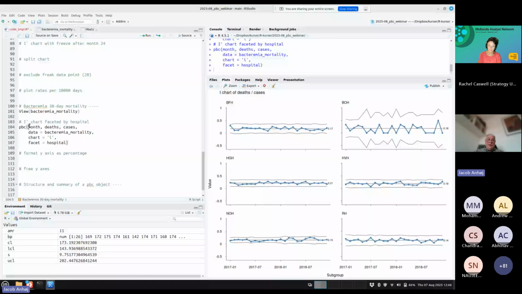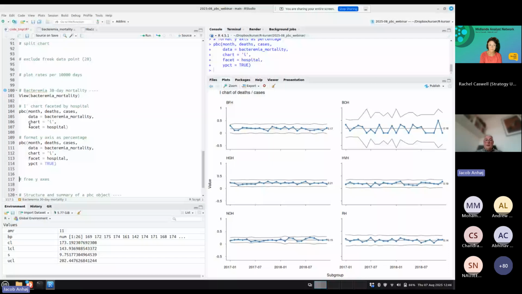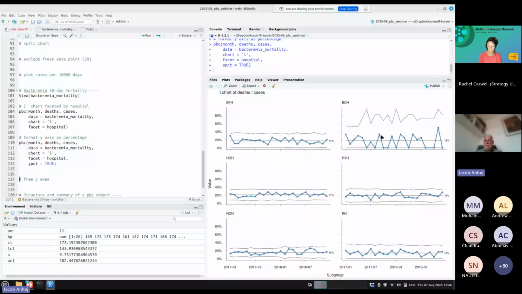We can get rid of those by formatting the y-axis as percentages, as we did before. So now we have a nice y-axis and we have percentages. PPC charts is able to do small multiples faceted by one dimension.